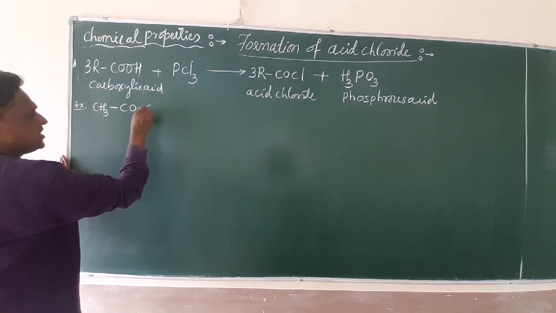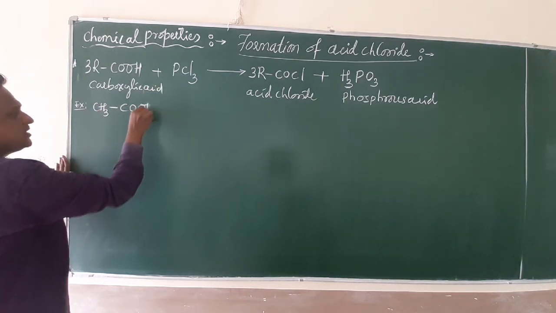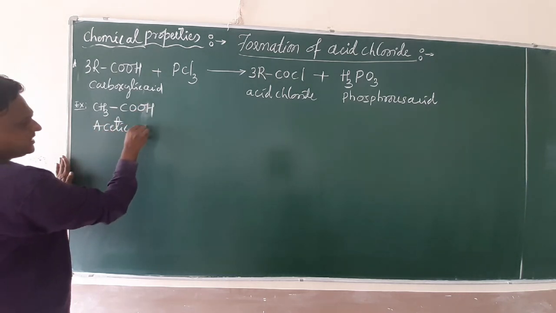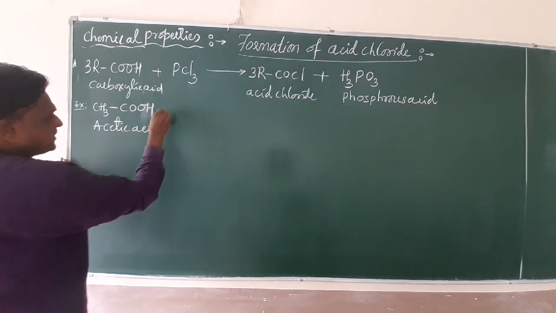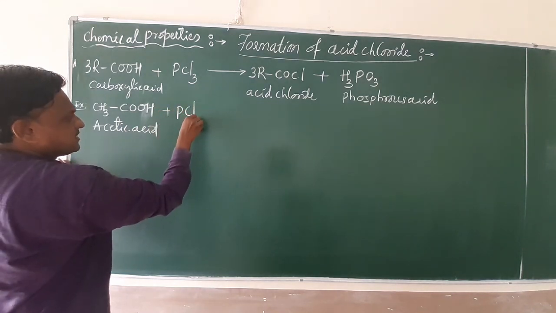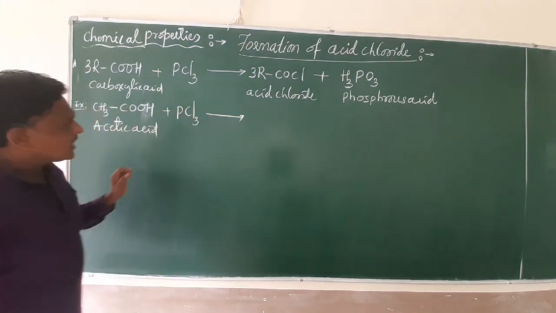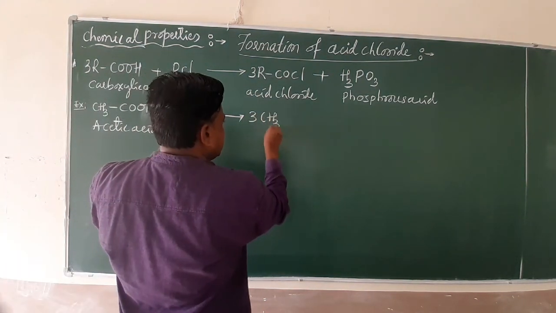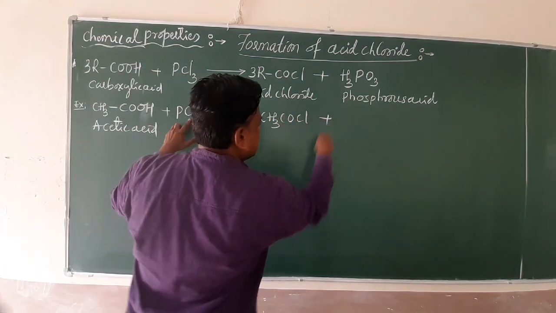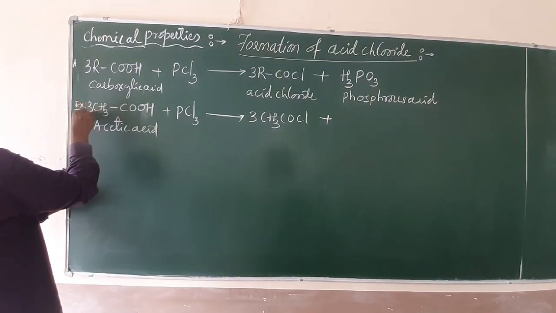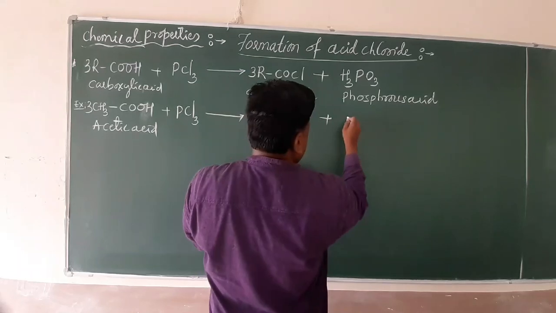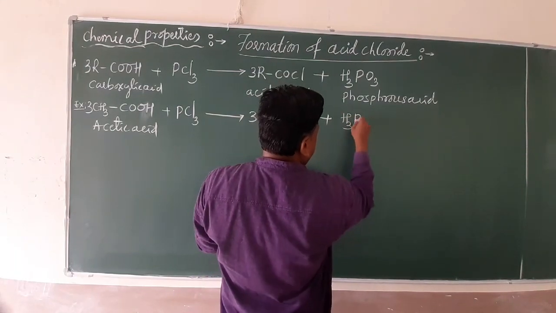CH3COOH, this is your acetic acid. What happens when acetic acid is reacted with PCl3? With removal of these three chlorines, 3 CH3COCl require 3 moles of acetic acid reacting with phosphorus trichloride to form the compound H3PO3.